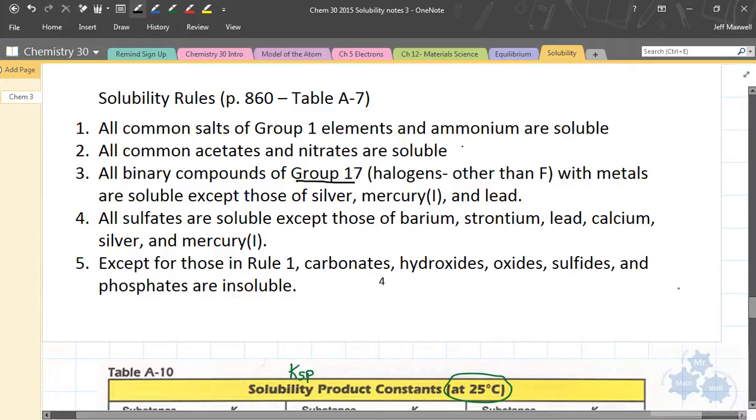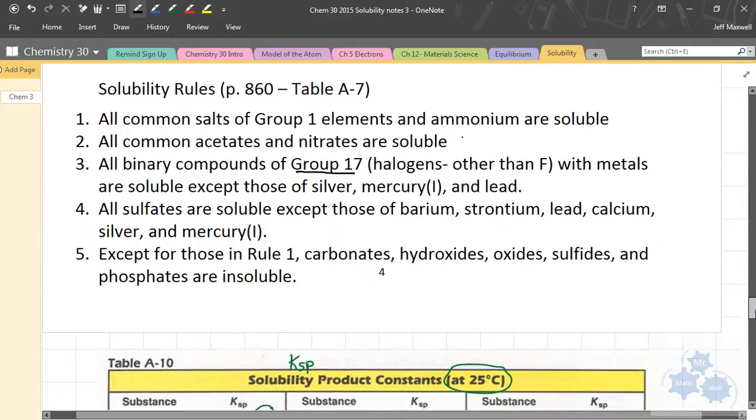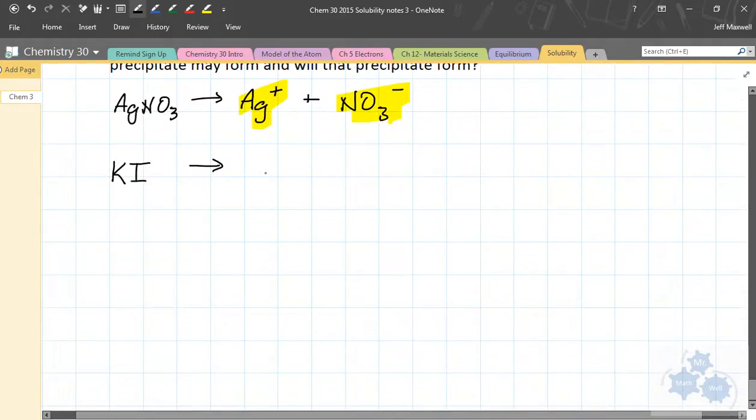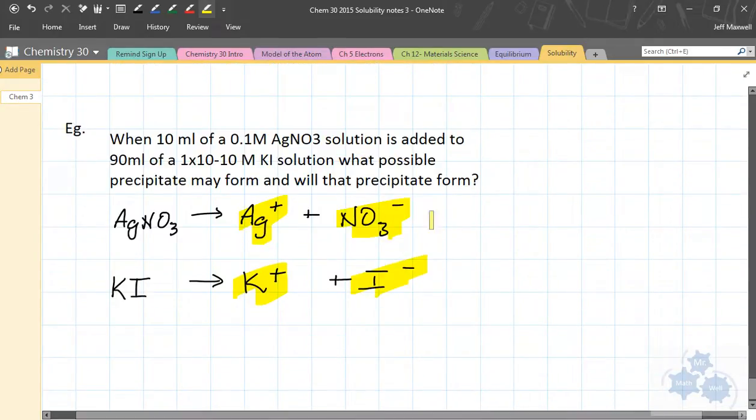And this is not F. So, soluble, according to that rule. Awesome. So this is going to be K plus, I minus. All right. So you look at these ions that are going to be in solution, and again, we won't look at the numbers just yet because we want to find out if a precipitate might form. So what possible precipitate may form?